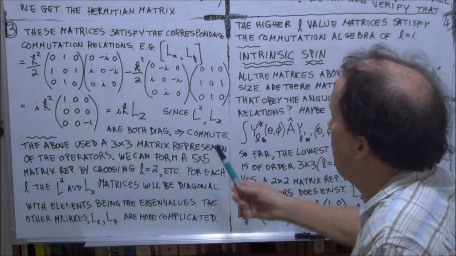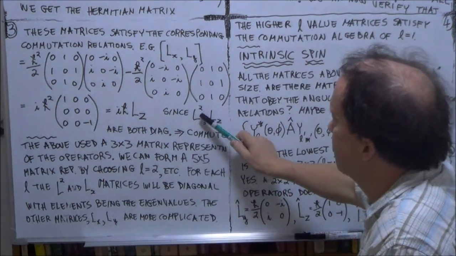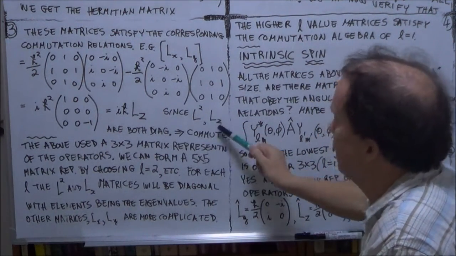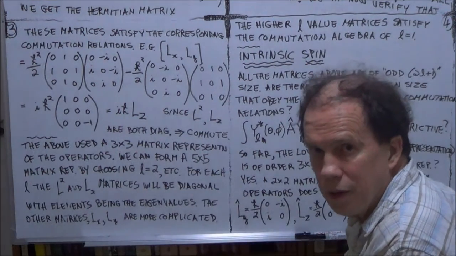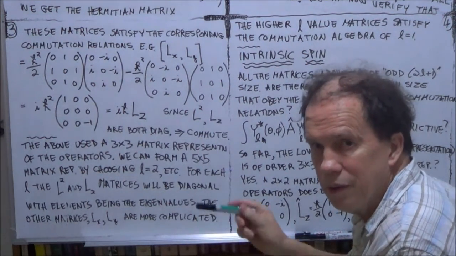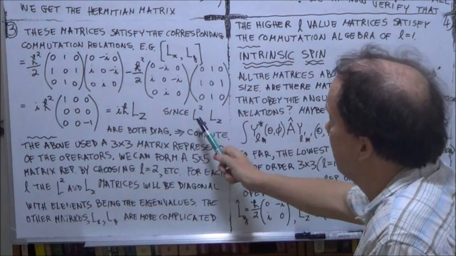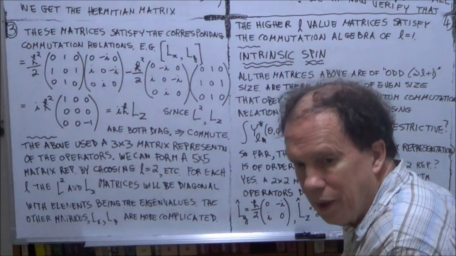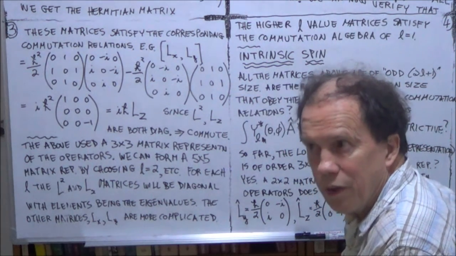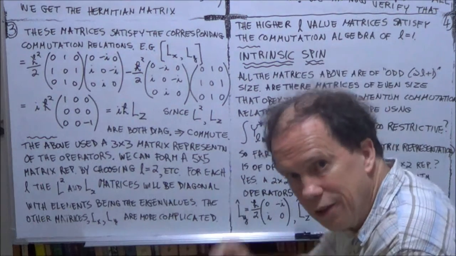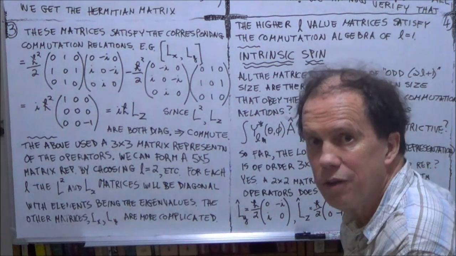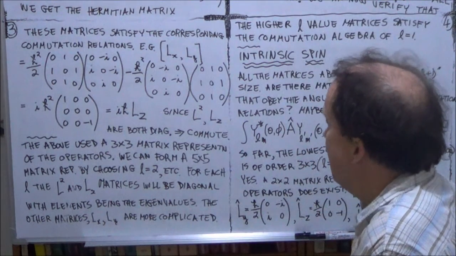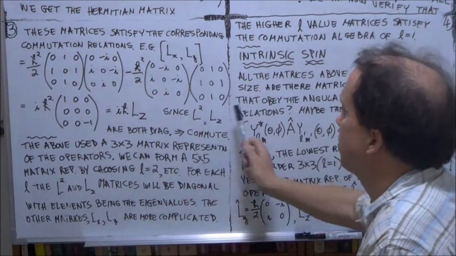The matrix for L squared is diagonal, and the matrix for Lz, the z component of the L operator, Lz hat, is also diagonal. The commutator of those two diagonal matrices will of course be 0, because that's just the nature of diagonal matrices. So of course these two commute.